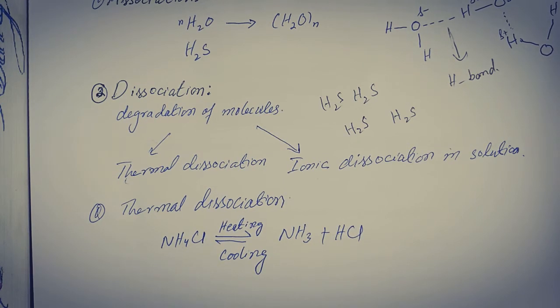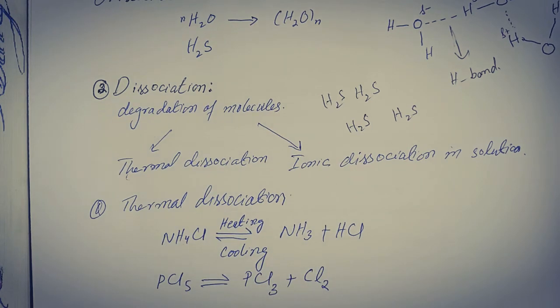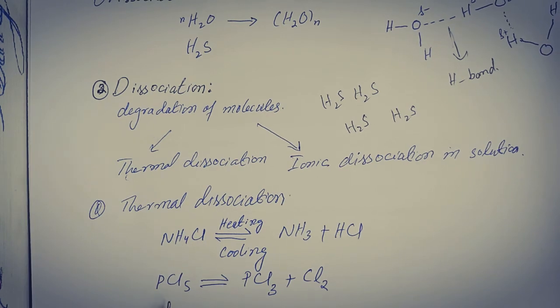Another example is the dissociation of phosphorus pentachloride into phosphorus trichloride while releasing chlorine gas, which can be reproduced through cooling.